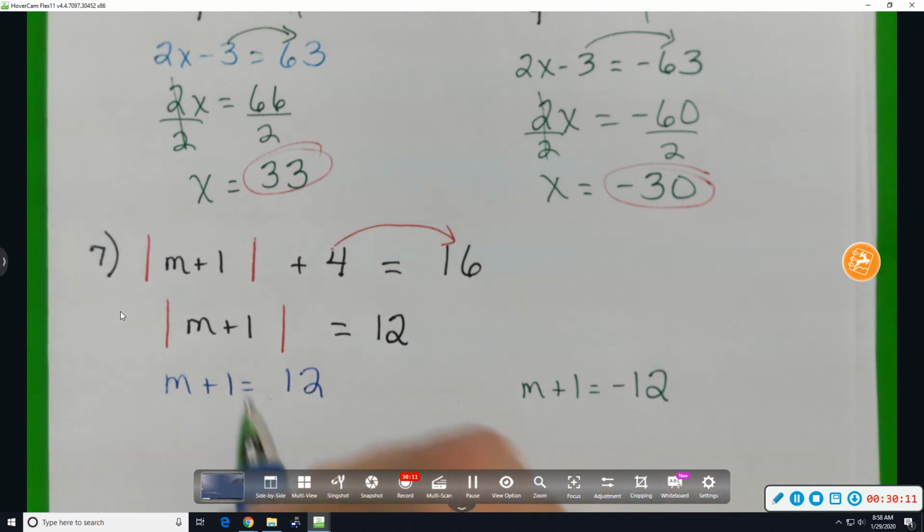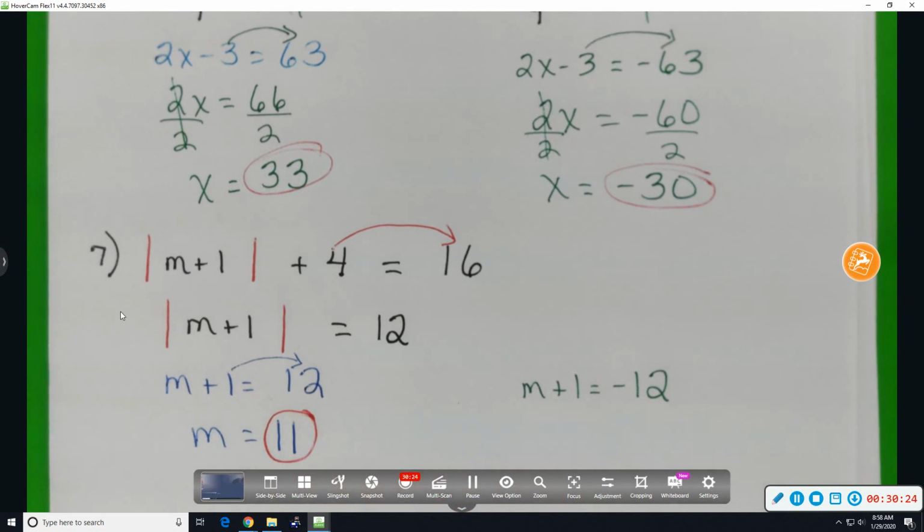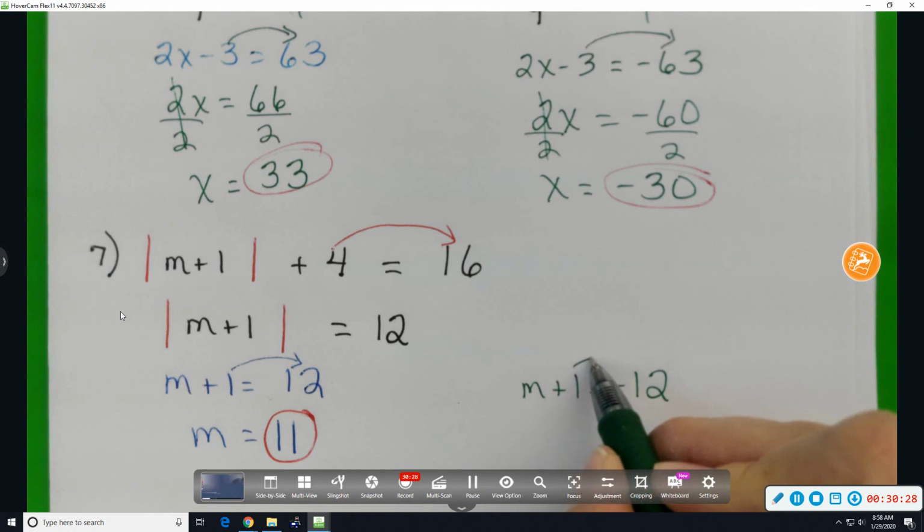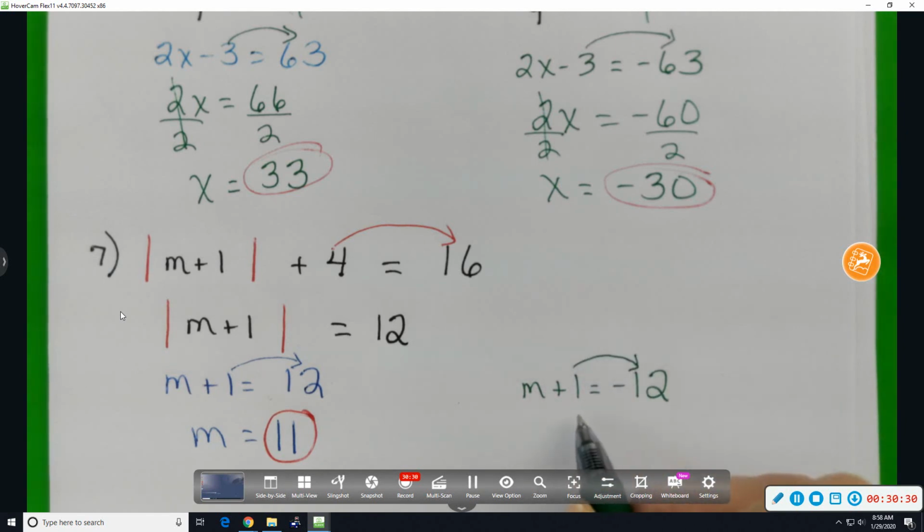Let's see. Subtract 1. Are we getting an 11 as the first answer? And then over here, what are we getting? It's not a negative 11, it's a negative 13?